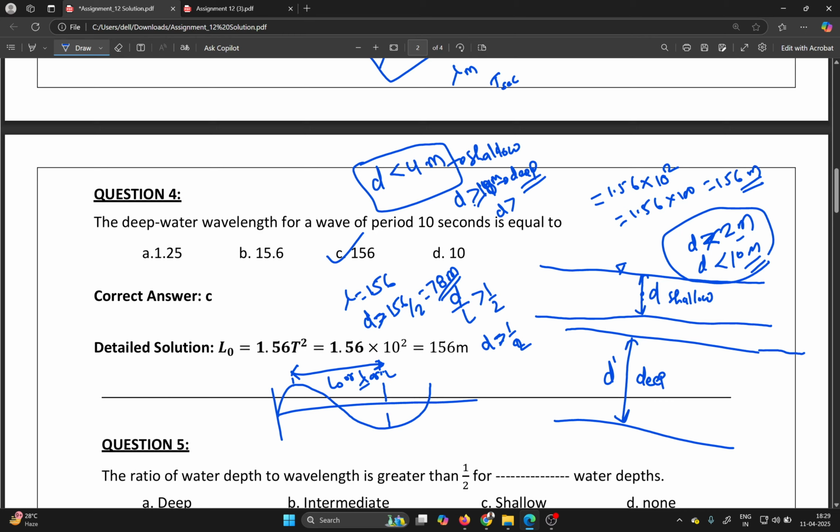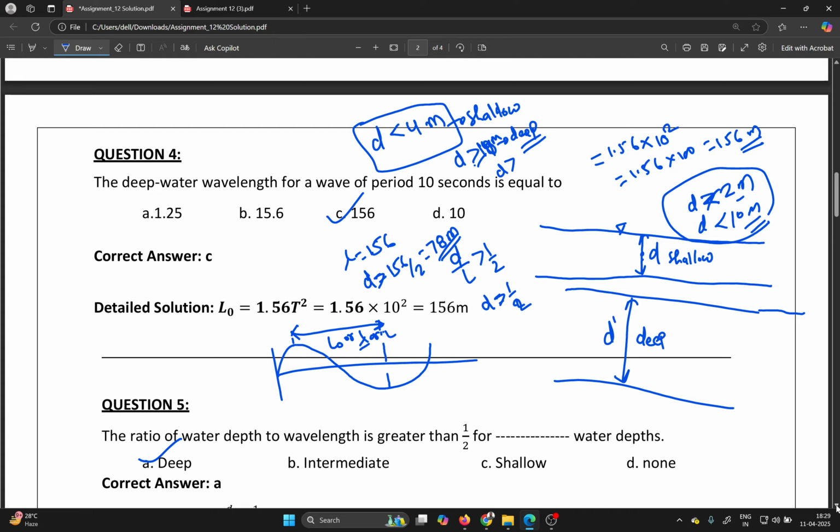So like that you have some quantitative definitions, so please go through such definitions. By the way, the question is this: d by l should be greater than 1 by 2. So this type of condition is possible only for your deep water bodies, remember please always.